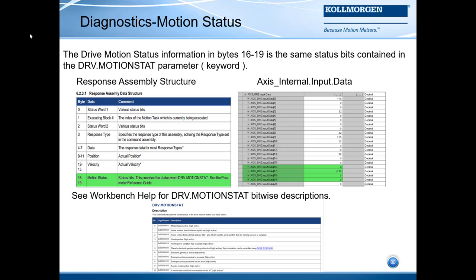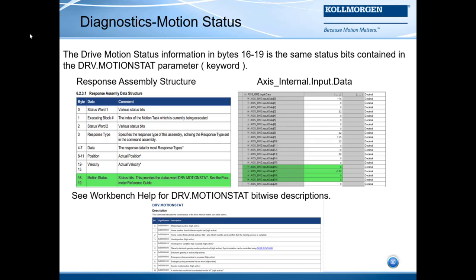Motion status. The drive motion status information in bytes 16 through 19 of the response assembly is the same status bits contained in the drv.motionstat parameter keyword. The top left screenshot shows the bytes for the motion status in the response assembly.